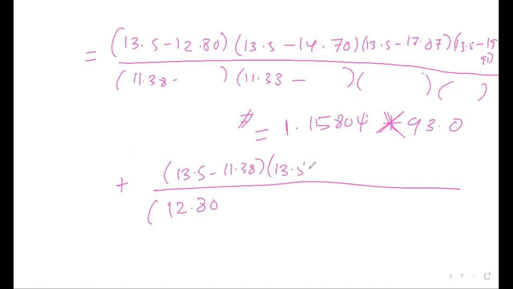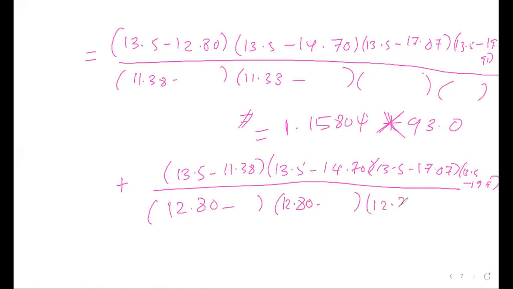Again, 13.5 minus 14.70, all the rest of the terms, isn't it? Minus 17.07, and 13.5 minus 19.9. Here you have to omit that one: 12.80 minus this, 12.80 minus this.